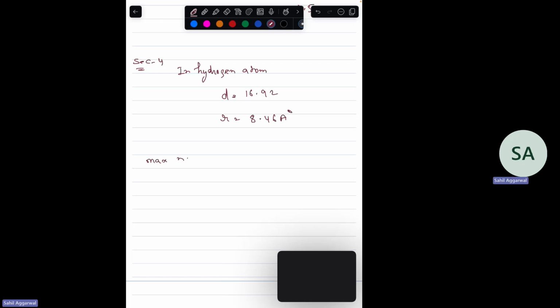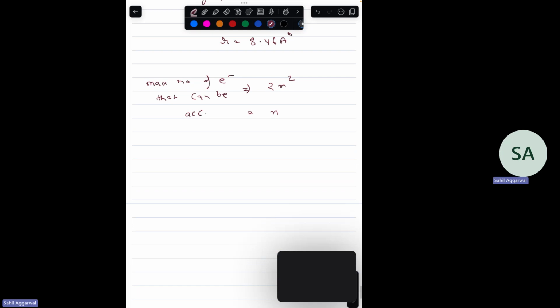Maximum number of electrons that can be accommodated is always 2n square. That means we want the value of n. How will we find n? Radius is 0.53 n square by z.